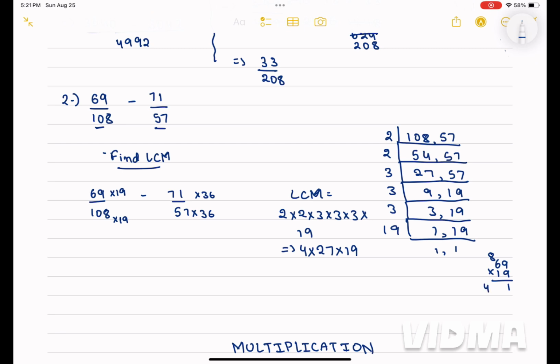Make sure you do not mess up your multiplication at any point, because if you do, it's all going to go to waste. The final answer depends on the numerators, their addition or subtraction, and the LCM you're using. Make sure your LCM is also correct, so recheck and then go ahead with the rest of the sum.